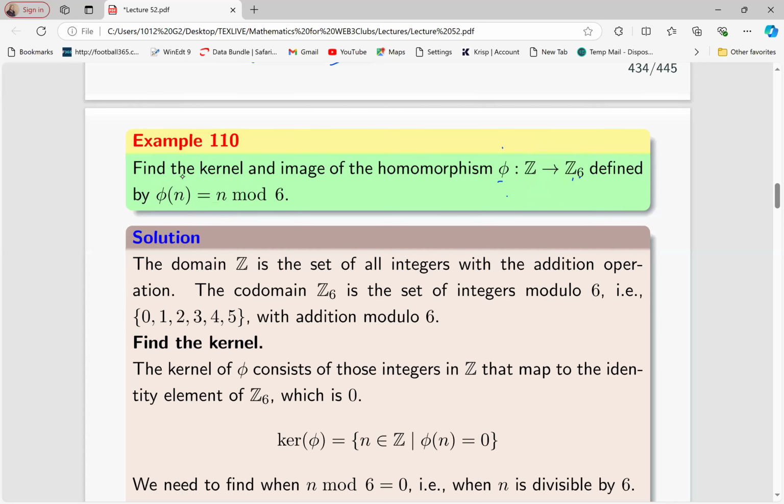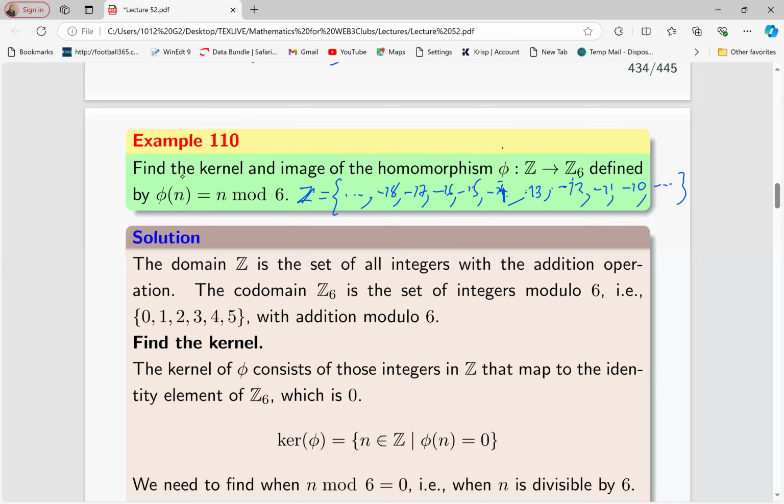Z has elements, the dots mean they continue to the left: -18, -17, -16, -15, -14, -13, -12, -11, -10, and so on.